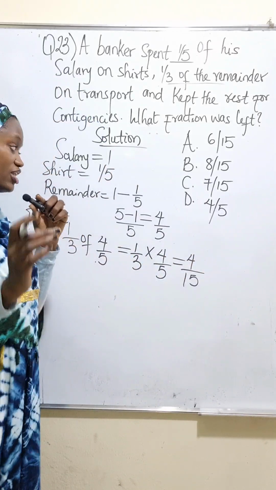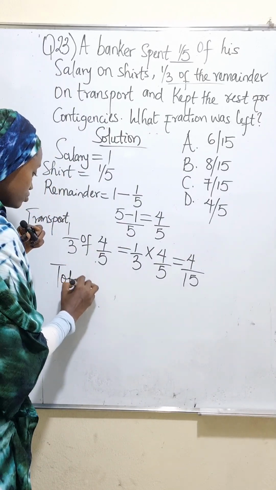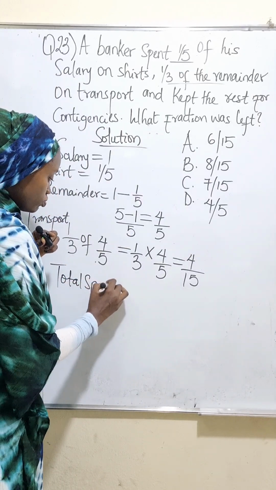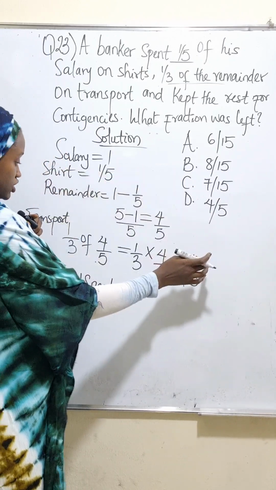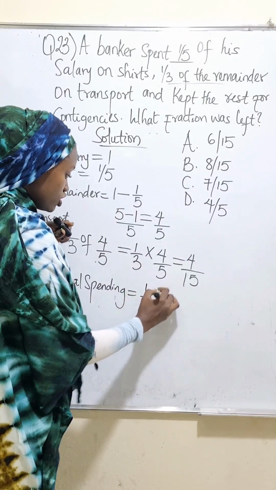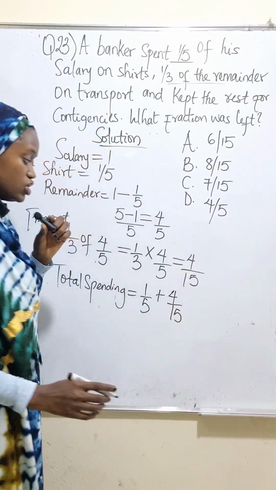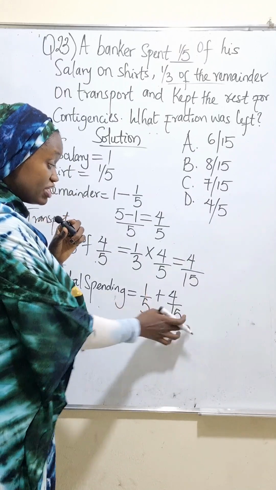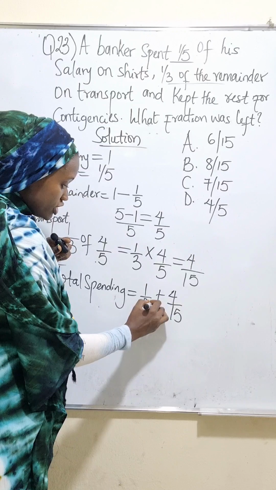Next, let's check how much he has spent in total. His total spending would be the amount he spent on shirts plus the amount he spent on transport. So he spent 1 over 5 on shirts plus 4 over 15 on transport. To make this easier, I can make the denominators the same by multiplying the denominator here by 3.